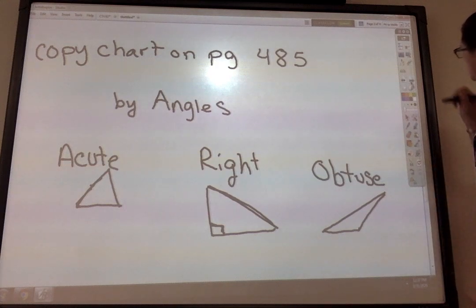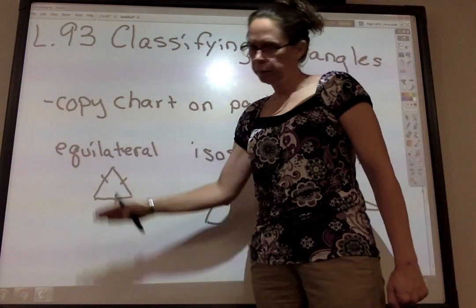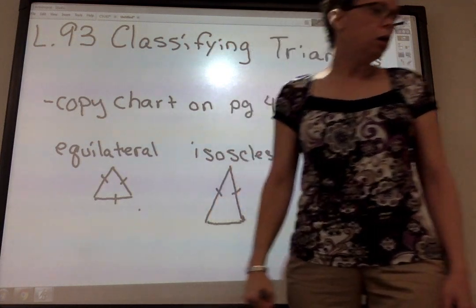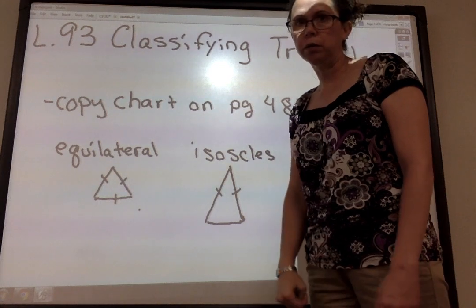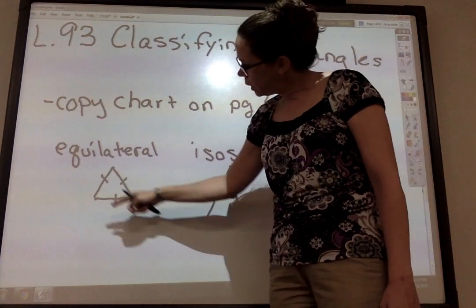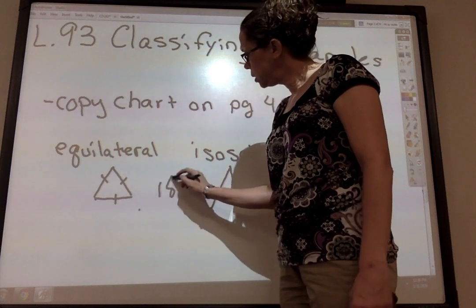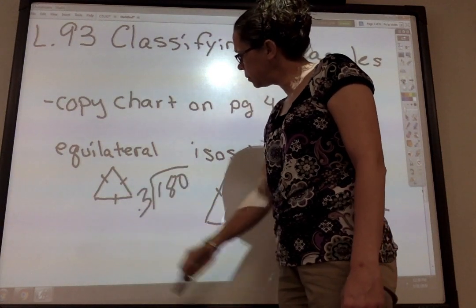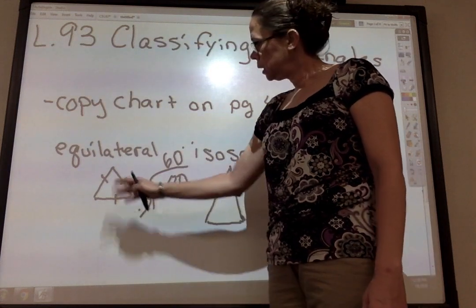Okay, now let's think about something. If I have an equilateral triangle, all the angles inside of a triangle have to add up to 180 degrees. In an equilateral triangle, every angle has the same measure. So that means 180 degrees divided by 3 angles. Each angle must measure 60 degrees in an equilateral triangle.